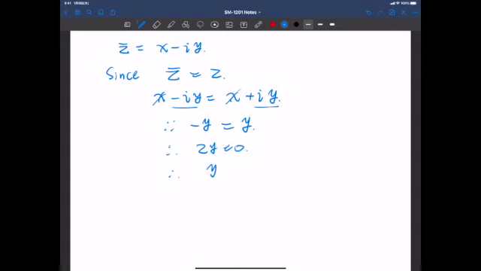That is, y is equal to 0. Therefore, whatever the value of x is, z is equal to z bar is equal to x, which is a real number. So the proof of one direction is done.